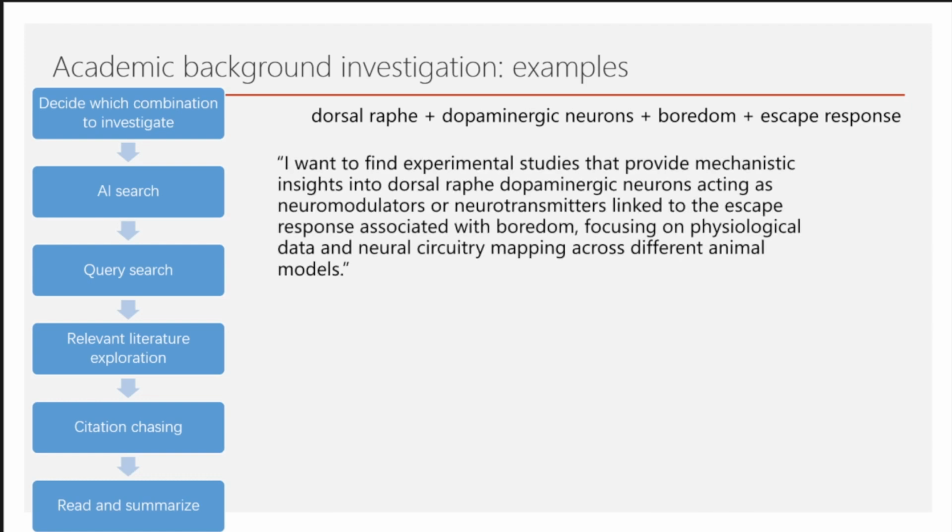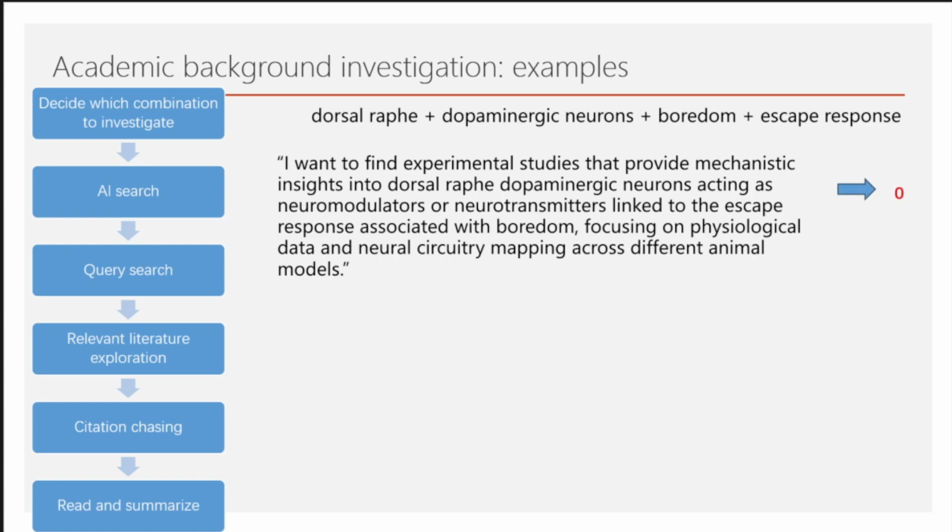The sentence I use in the AI search is: I want to find experimental studies that provide mechanistic insights into dorsal raphe dopaminergic neurons acting as neuromodulators or neurotransmitters linked to the escape response associated with boredom, focusing on physiological data and neural circuitry mapping across different animal models.